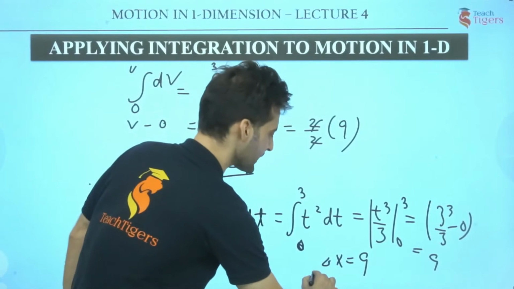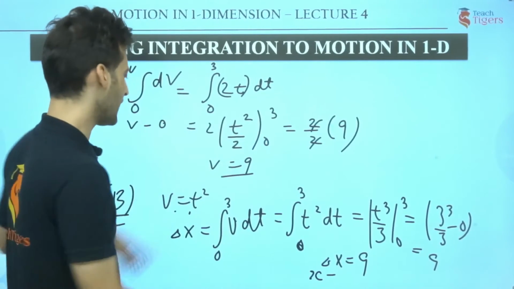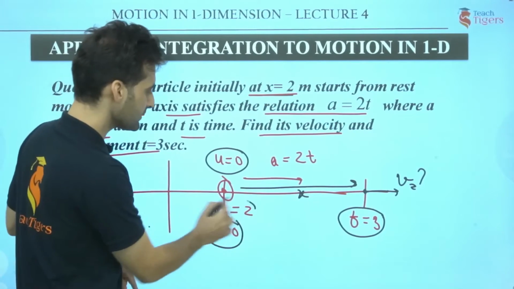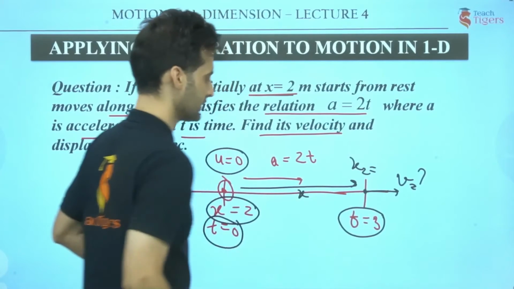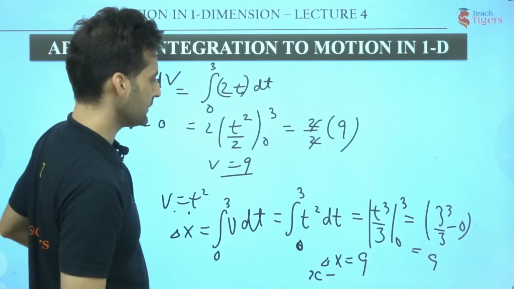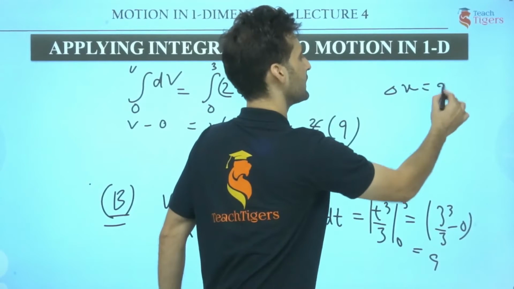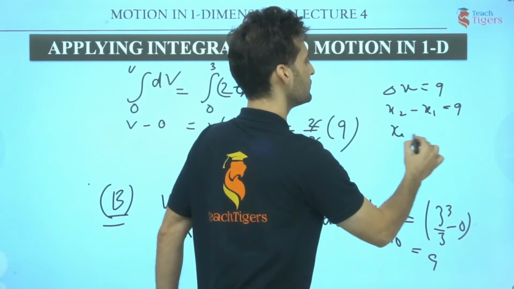Now delta x means what? x2 minus x1. What was x1? x1 was x equals 2, and x2 is what I need to find out. Since I have got delta x equals 9, x2 minus x1 equals 9.